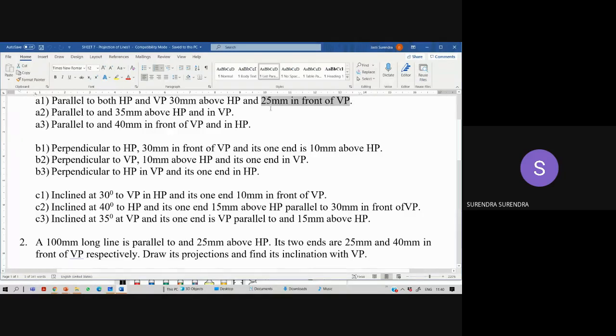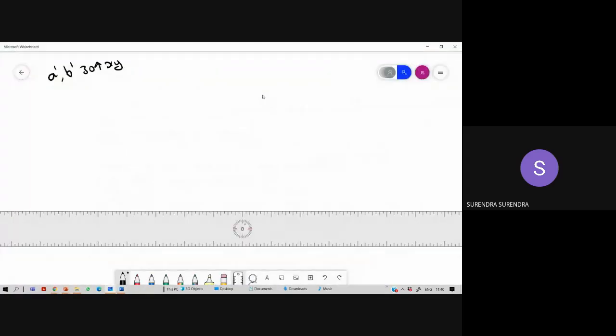So how is the top view? Both the endpoints are at a distance of 25 mm. Parallel means both the endpoints are at the same distance. So A, B are 25 mm below the XY line. So the two conditions: front view conditions and top view conditions.